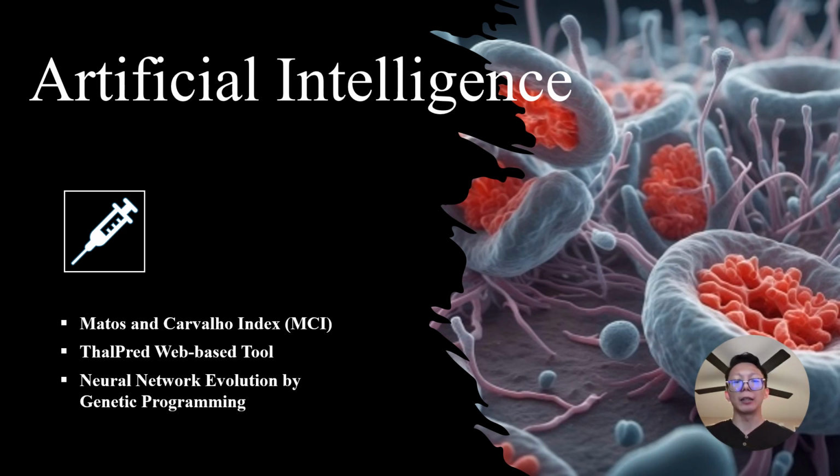The second one is the Talpride web-based tool, which utilizes machine learning models to discriminate thalassemia traits from iron deficiency anemia, achieving high prediction accuracy. And lastly, the neural network evolution by genetic programming, which utilizes a genetic programming tool to diagnose thalassemia based on blood parameters.